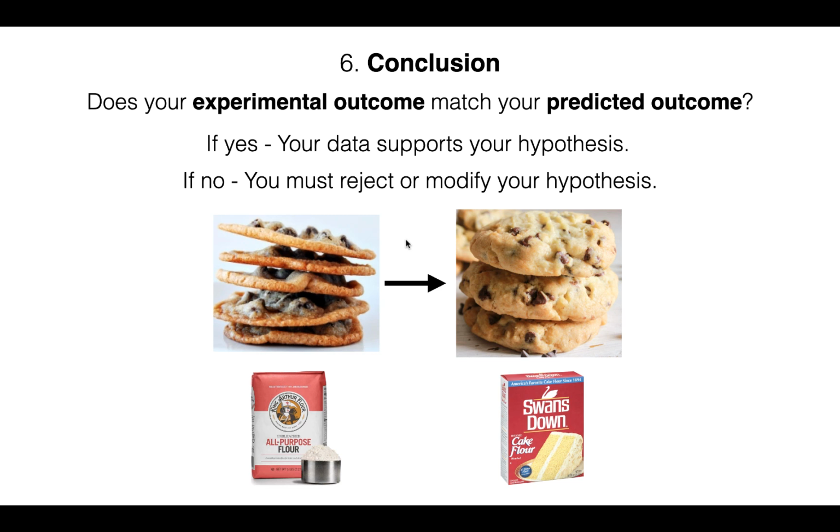And by modify, I mean, you might say, well, I think it is cake flour, but in addition, it's this, this, and this. Or, okay, maybe it's not cake flour, maybe it's this. And so you reject or modify your hypothesis, and then you come up with a new hypothesis and you do an experiment again. And you keep doing that and doing that and doing that. And eventually you come up with a hypothesis which your data supports.